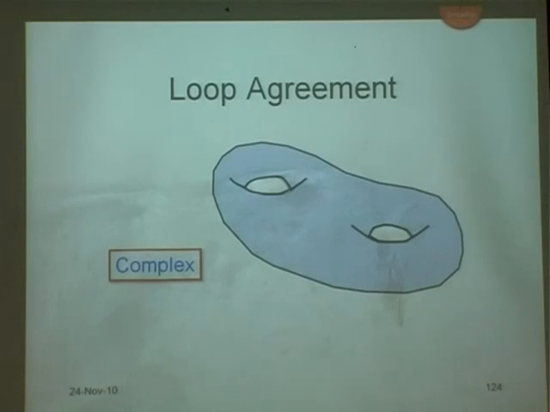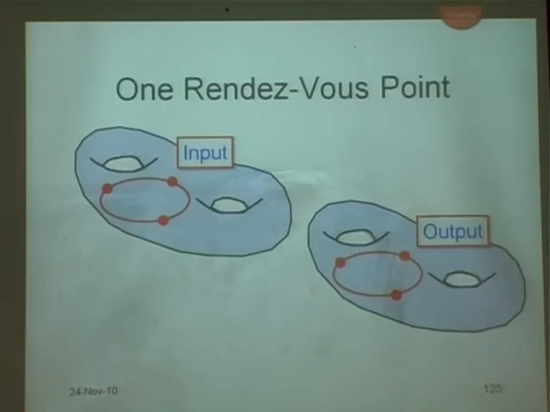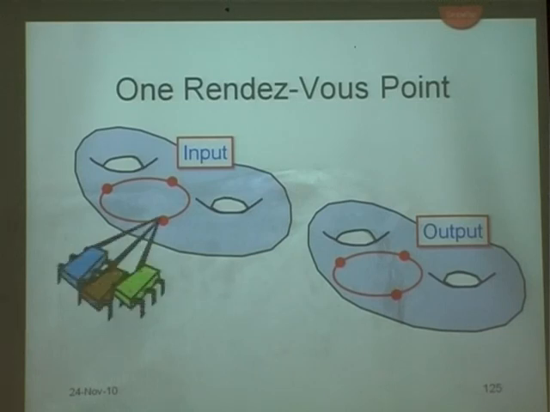And here is the basic approach. So we start out with a complex. I'm going to define the notion of a loop, which is just a one-dimensional path that starts at a vertex and comes back to that vertex. I'm going to pick 3 rendezvous points. And the input is, every process starts out with one of these rendezvous points as its input.